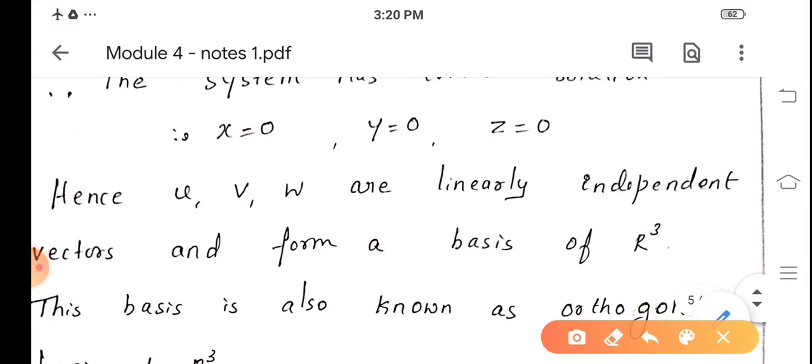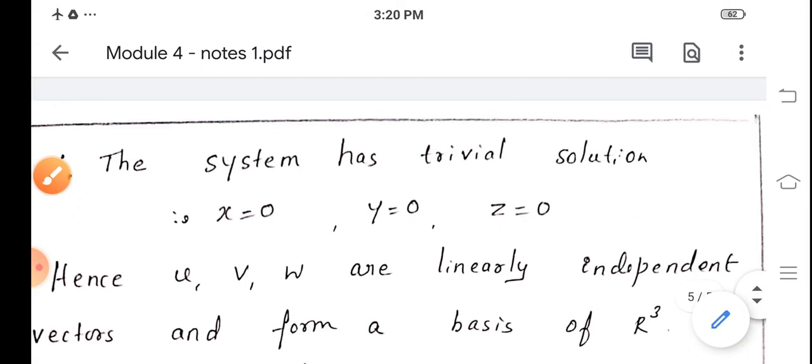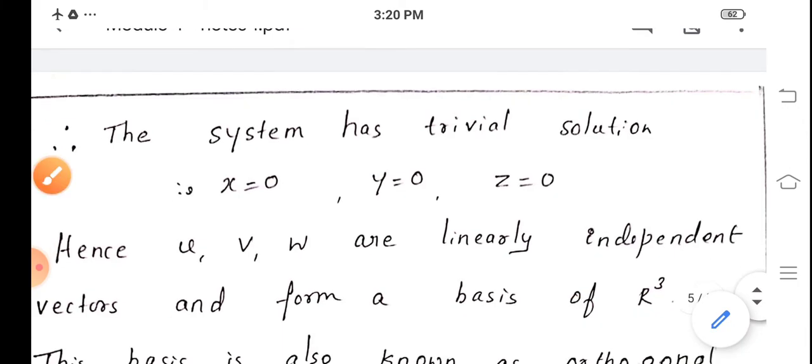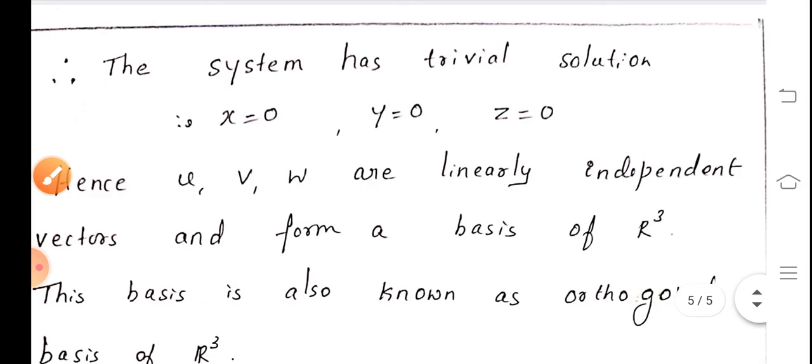If r is equal to n, the system has only the trivial solution. That means all scalars x equal to 0, y equal to 0 and z equal to 0.